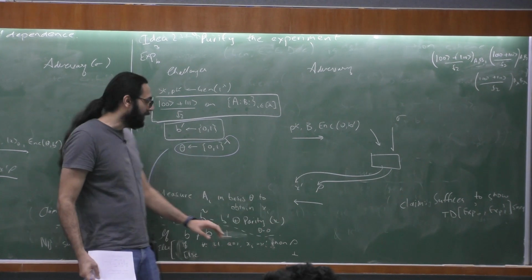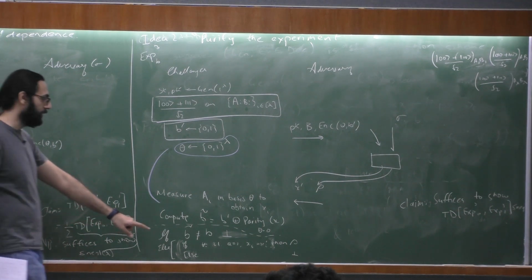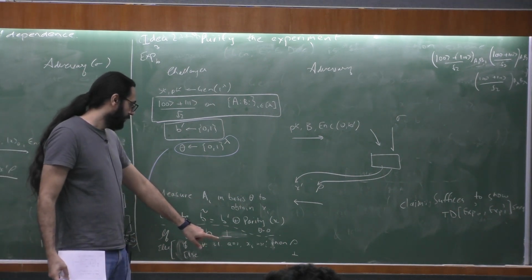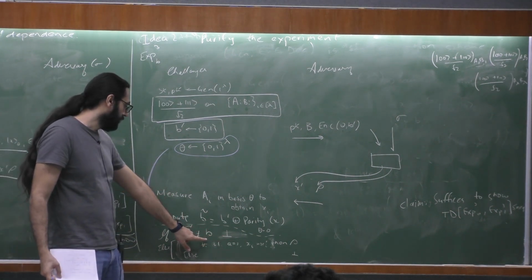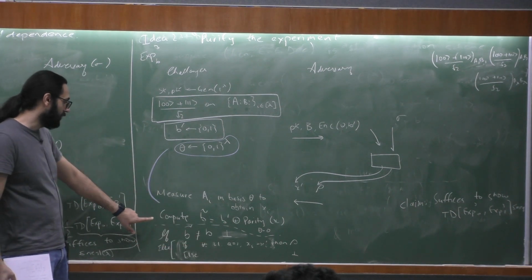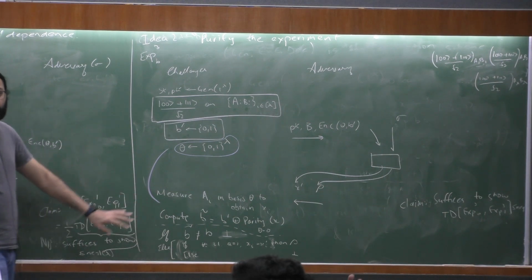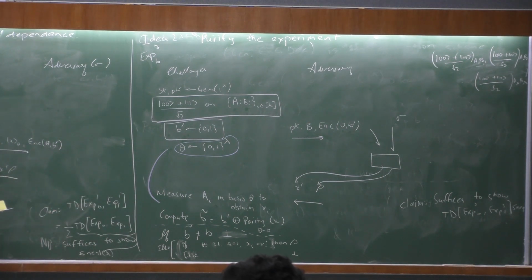So you've managed to move everything to the very last step. You've moved the b dependence to the last step, in the decision, and you've moved the theta dependence as well because you compute theta at this point. So in this case, you'll encrypt without the theta also.